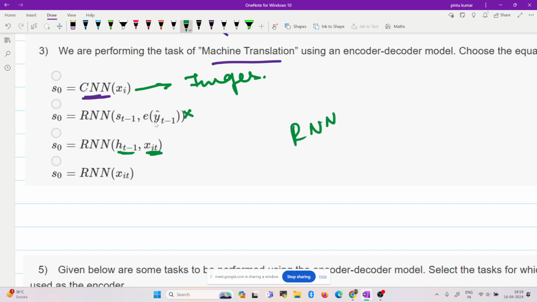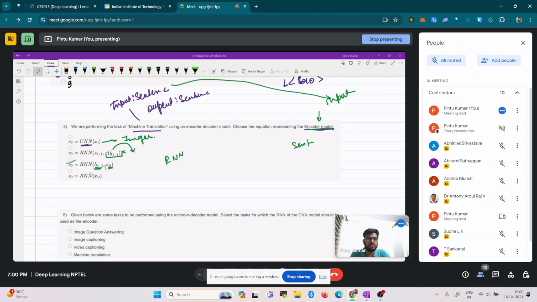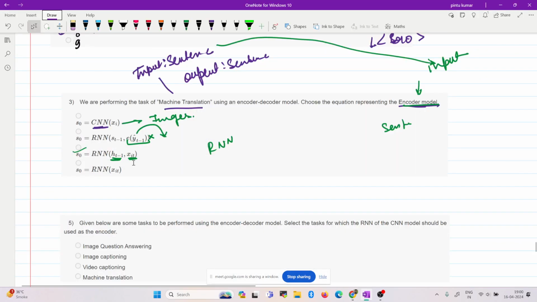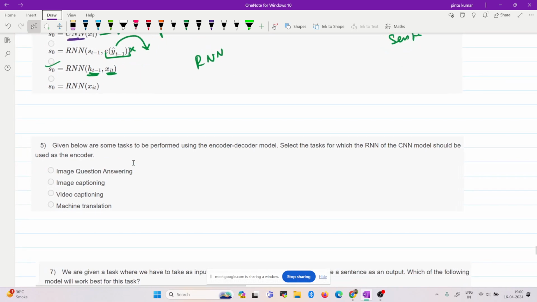This option is not correct because this represents whatever output you have obtained in the previous step, and you use that as an input. But when you have machine translation, your initial sentence is already given to you, right? That's why we are picking this option. So A is not correct, whoever answered, because CNN deals with images, not with sentences.